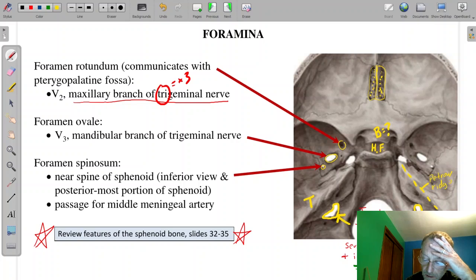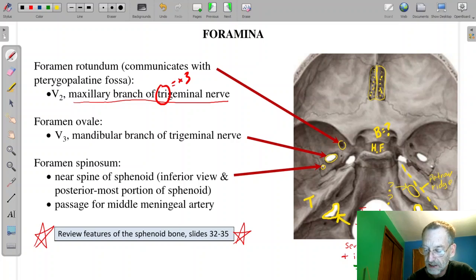And then what is this opening, and what passes through it? Okay, we'll probably review that before we're done with this lecture. Next slide. So there is probably the only slide that I thought to include the jugular foramina.